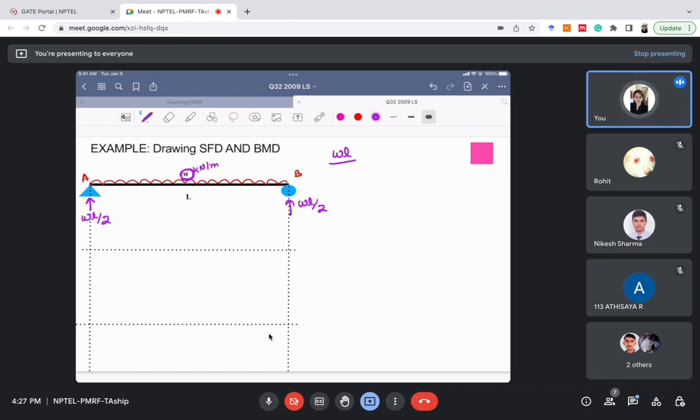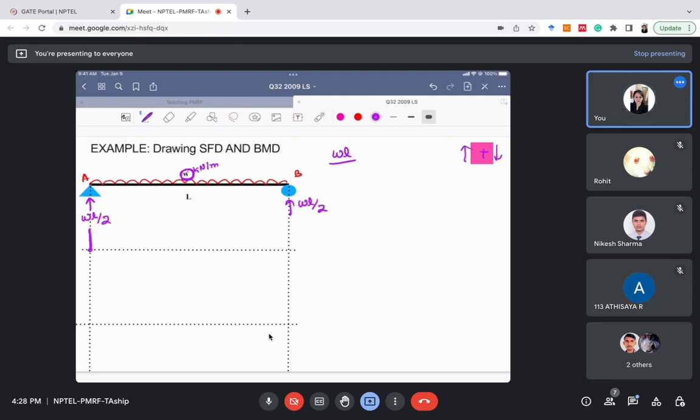Then how to draw the SFD and BMD using the concept we have discussed. For drawing the SFD, I'm following the usual sign convention. I'm starting with this point here, the left point. At the left section, the load is upward, so it will be a positive shear force, and we have drawn it as positive.